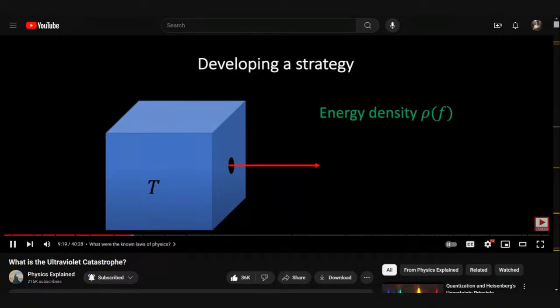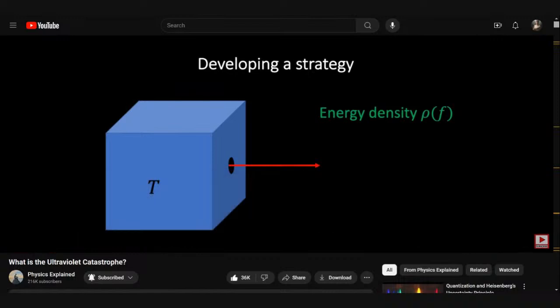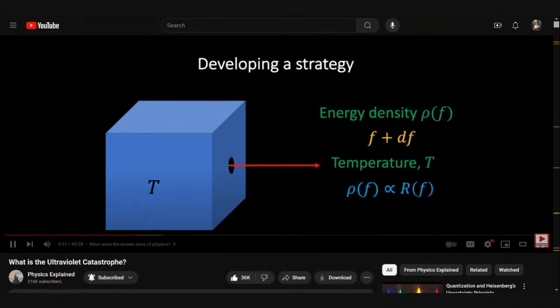So this is what we are going to do. The energy density is simply the energy contained in a unit volume of the cube at temperature T in the frequency interval between F and F plus dF. Once the energy density has been established, the spectral radiance can be calculated very simply, since the spectral radiance and energy density are proportional to each other.